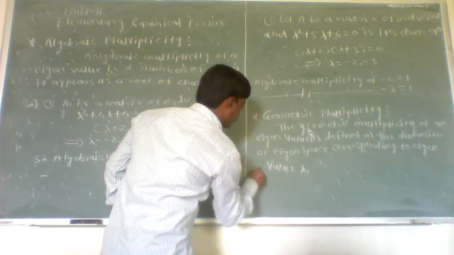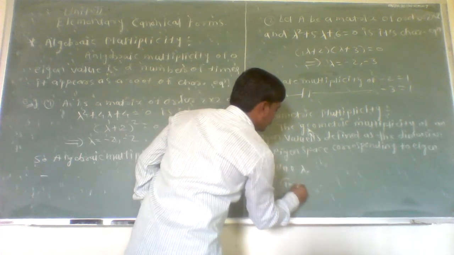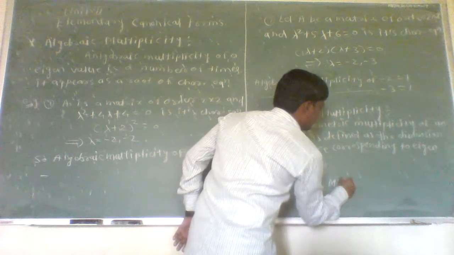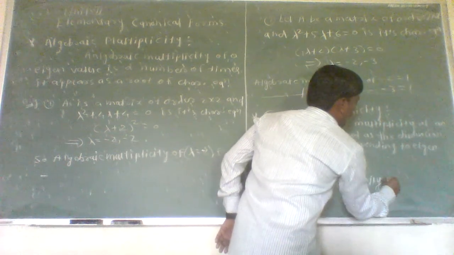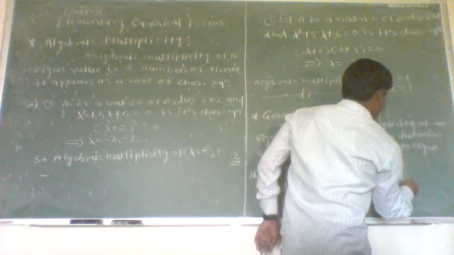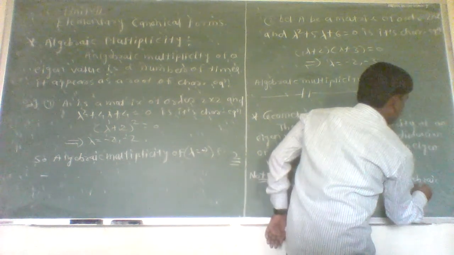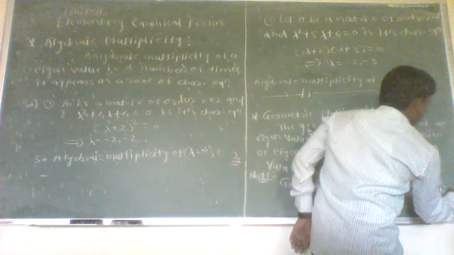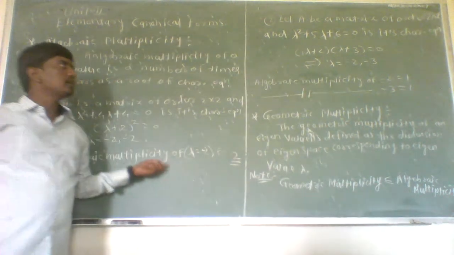There is one important note: the geometric multiplicity is always less than or equal to the algebraic multiplicity. Now we will take one example and see how to find out the geometric and algebraic multiplicity of the eigenvalues.